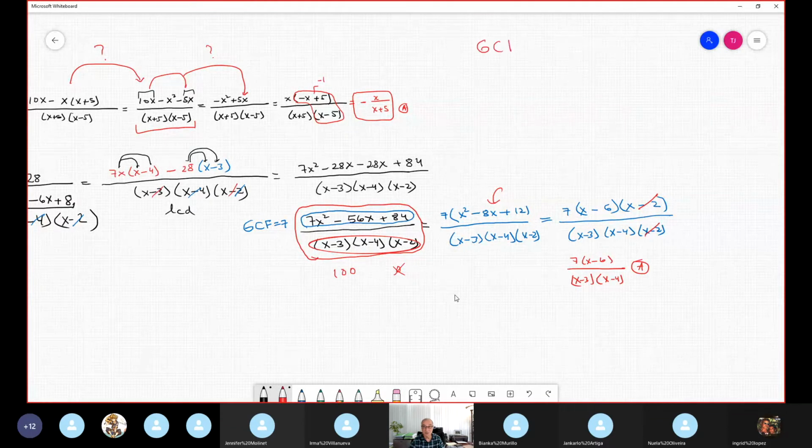GCF is the first step. When the GCF is 1, it's not necessary to do this step. But when it's 7, of course, take it out. Because if you don't do that, you maybe realize that this is a complicated trinomial, and you multiply this number times this number, and you get a huge number, and you are in big trouble.